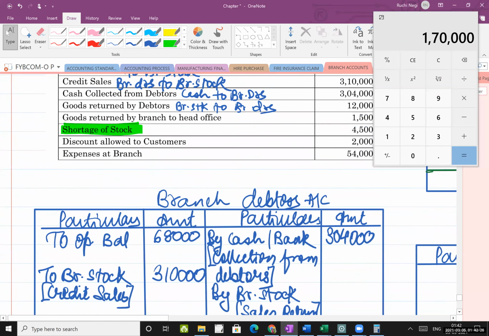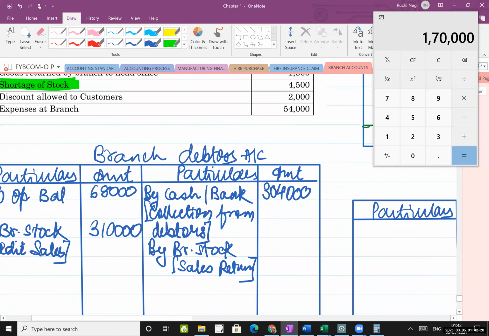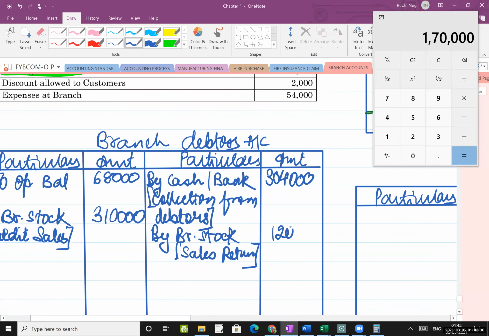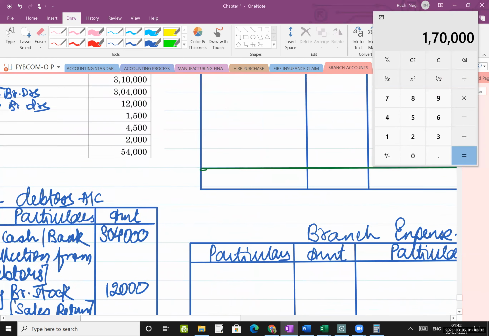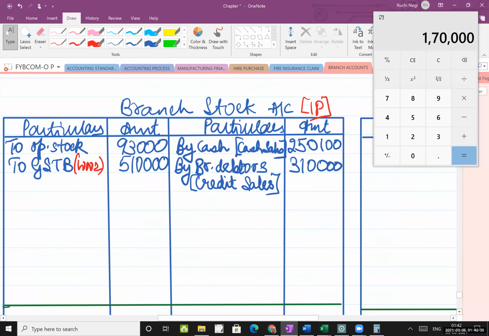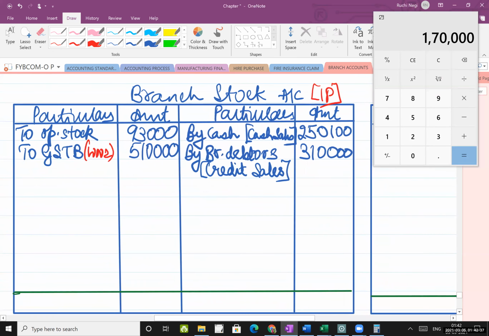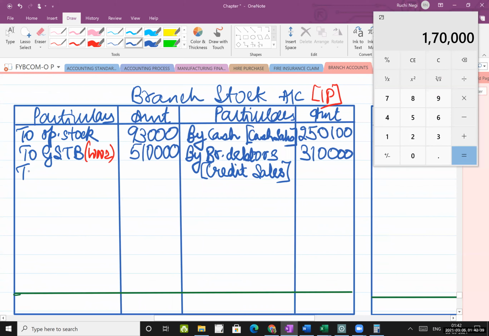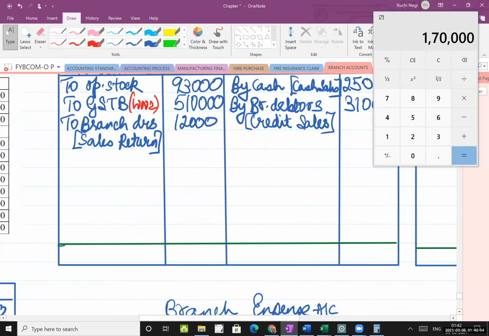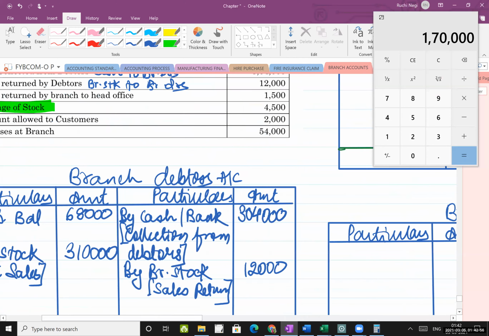What's the amount? 12,000. Okay, second effect will come under branch stock. Branch stock to branch debtors, 12,000. Okay, here you can mention sales return. Okay, next, this is also done.